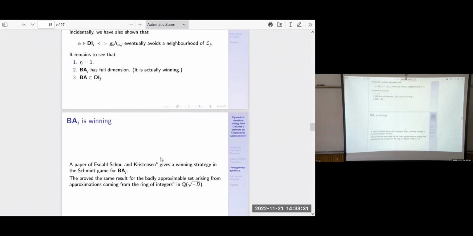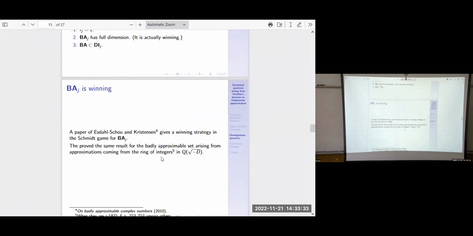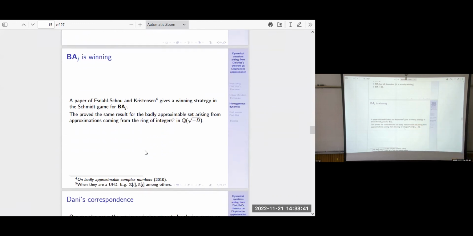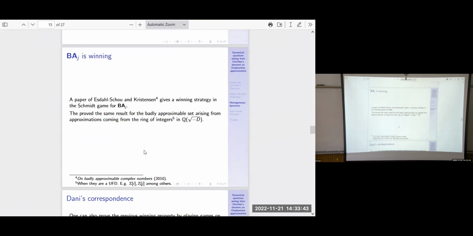Okay, so Daj is winning. There's a paper of Esta, Shu, and Christensen, which again gives a winning strategy for Daj. The strategy, if I understand correctly, is similar to the strategy Schmidt gave, but I think they prove a little more.